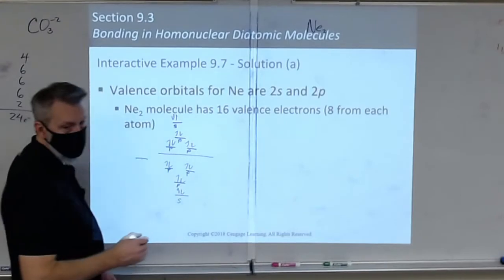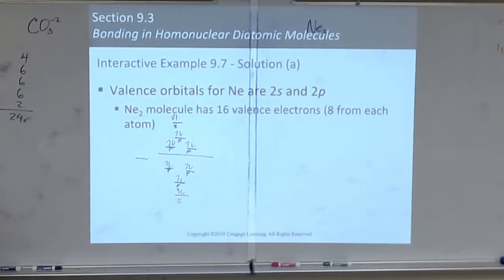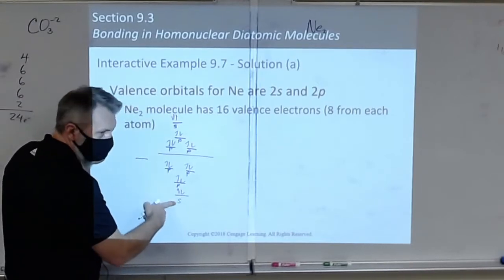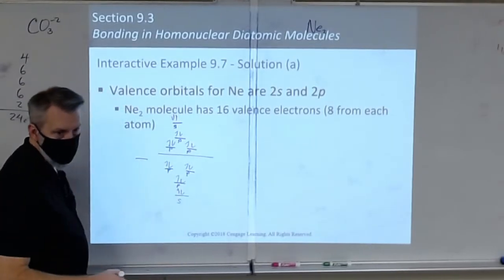That's what we just did, that picture from a minute ago. You're just going to know that each of the neons has an S and 3 p orbitals.